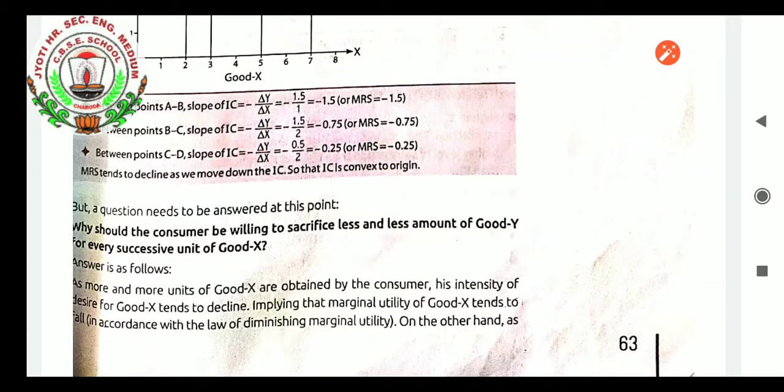Why should the consumer be willing to sacrifice less and less amount of goods Y for every successive unit of goods X? The answer is the monotonic preference of the consumer. Since he has already consumed more of goods Y, now he wants his satisfaction to increase by way of goods X, and to purchase goods X, he has to sacrifice some units of Y so that he can increase the consumption of goods X. This is the human tendency, because the income is fixed.